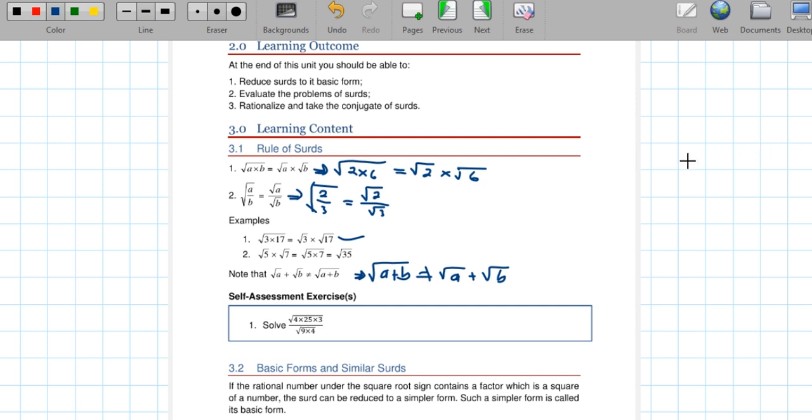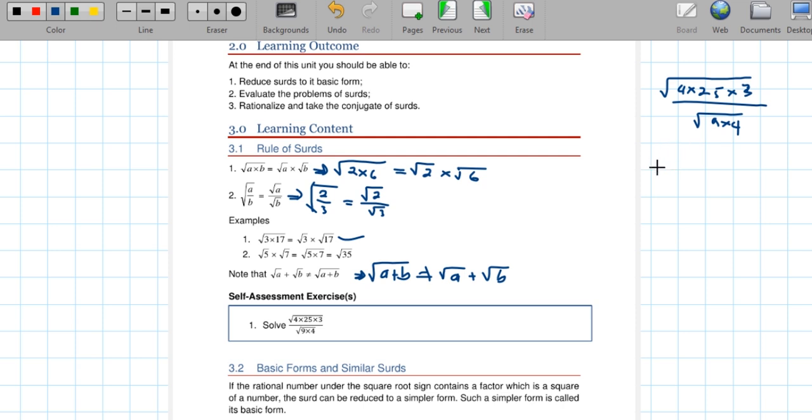So let's look at an assessment here where we are told to solve. We have the numerator to be the square root of 4 times 25 times 3, dividing the square root of 9 times 4. So let's solve that.